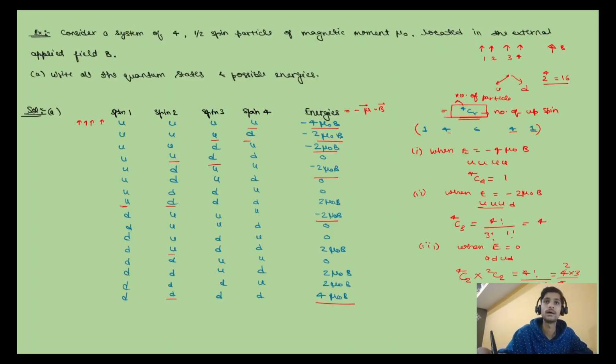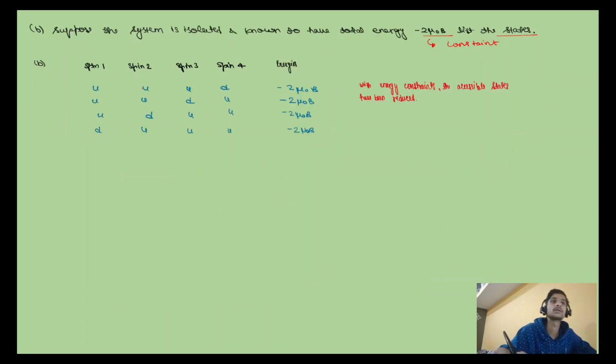So here, if the total energy is minus 2 mu naught B, then you have 4 such combinations, right? So let's write all these 4 combinations. These are all the 4 combinations which can give you the total energy of minus 2 mu naught B, right? And therefore you can conclude that with the energy constraint, the accessible states have been reduced. That is one of the important points you should note, that whenever we put a constraint in the system, the accessible states will be reduced.